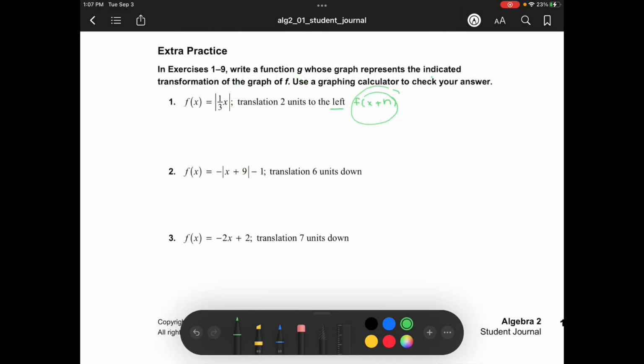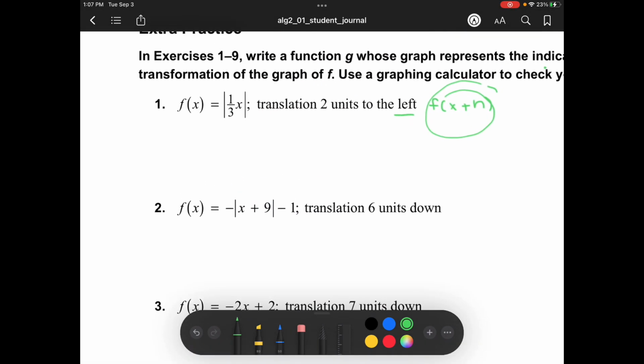All right, so we're going to start with this one. We're going to go 2 units to the left, right? So this is going to be my rule. I'm going to choose 2 units to the left, which is going to be f of x plus 2. So this is going to be g of x equals, because we've made a new function.